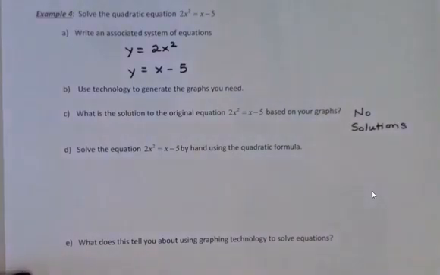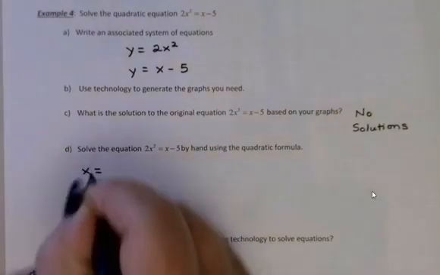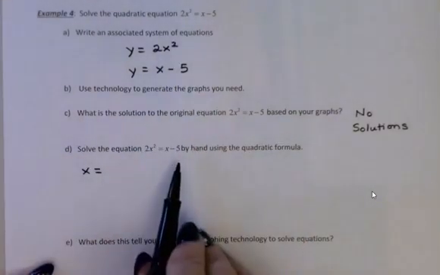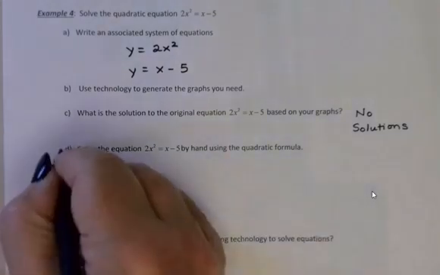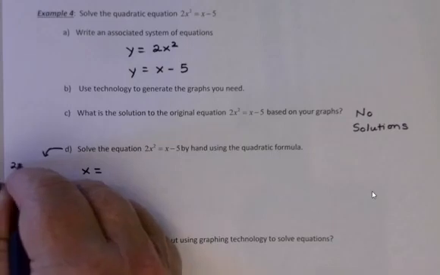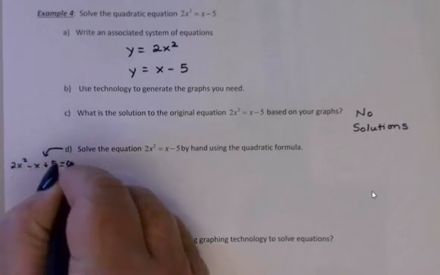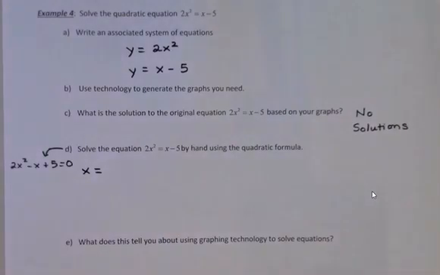However, we were able to find that all quadratic equations had solutions when we worked them by hand. So let's solve this by hand and see if we can figure out what's going on here. Using that same quadratic formula, let's see here. Oh, I probably should have, I'll do it off to the side. We do need to get this equal to 0. So I'd have 2x squared minus x plus 5 equal to 0.